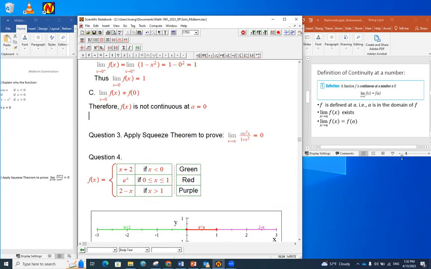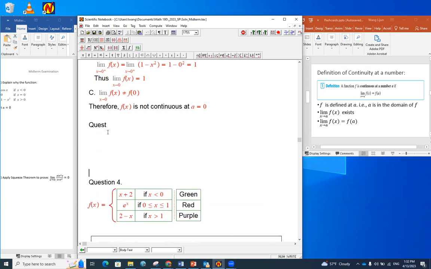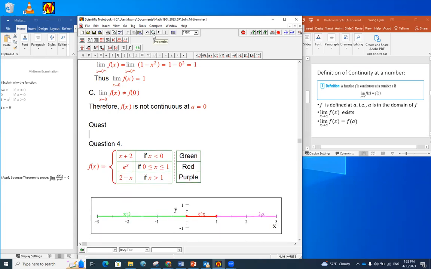I'm going to bring you the squeeze theorem. Oh, did I delete that? Question number 3, right?